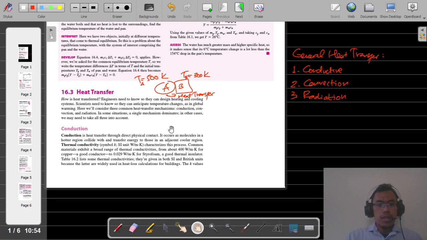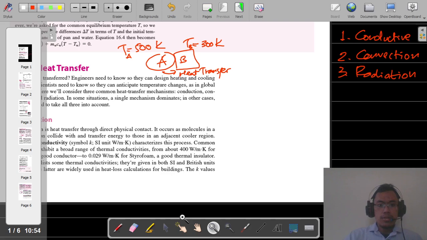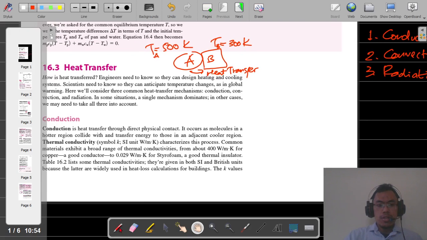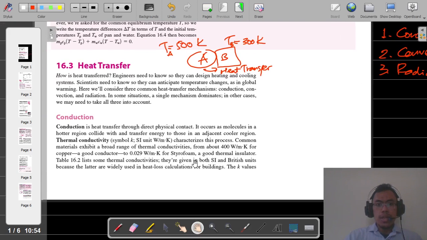So basically, conduction happens because there is physical contact.